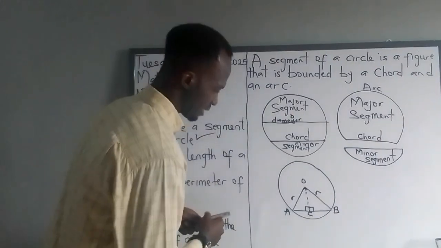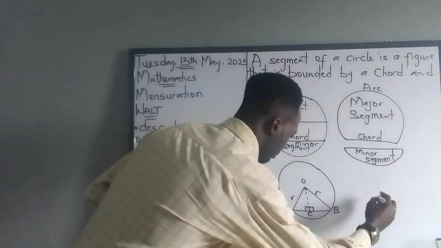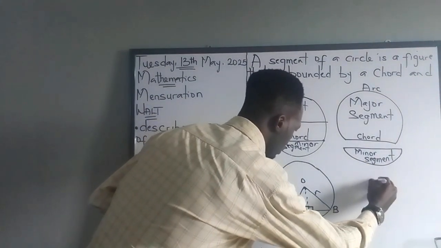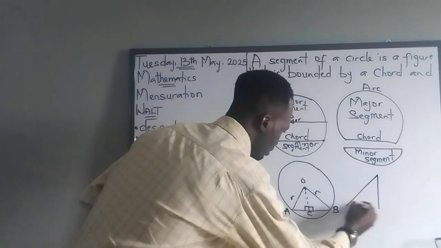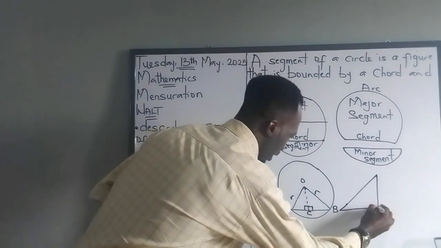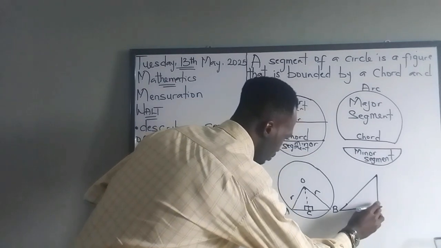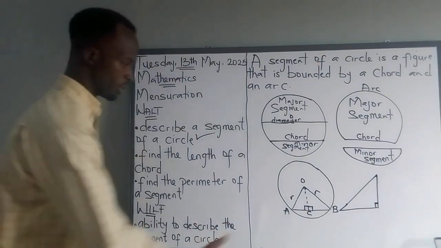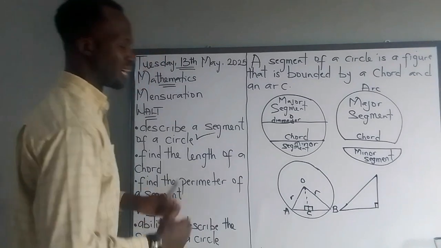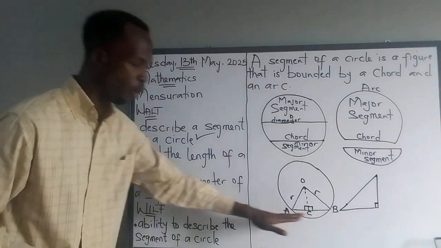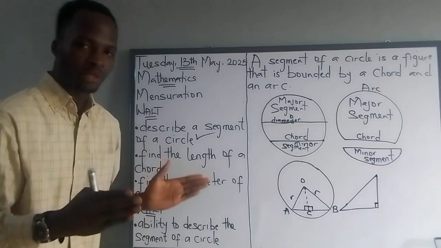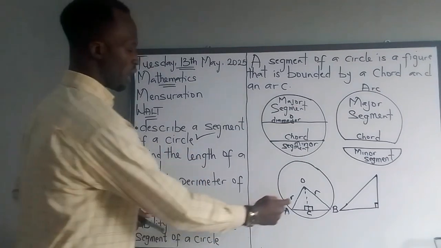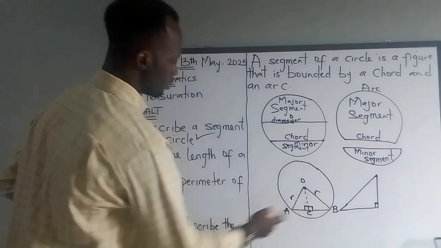So let's see that. Here we have a right angle triangle. The perpendicular bisector has divided the chord into two equal halves. So because of that, we have two right angled triangles.